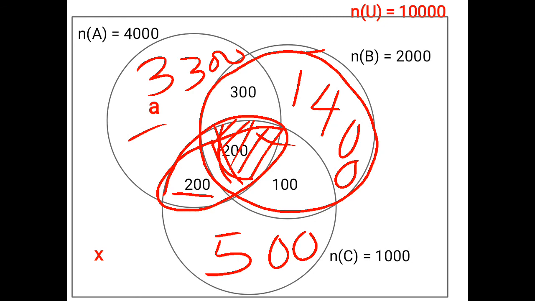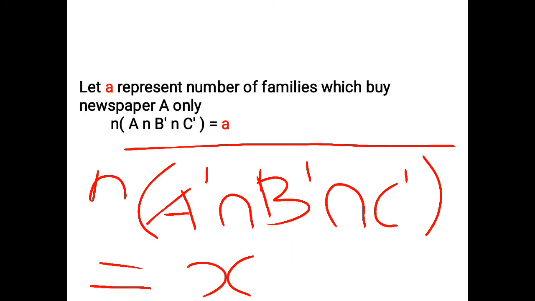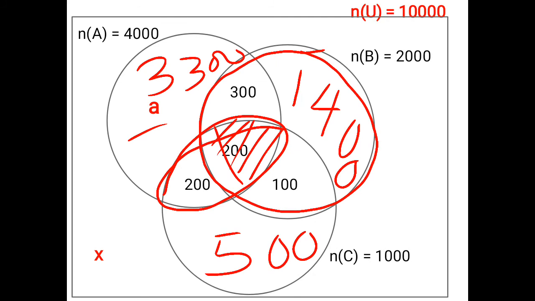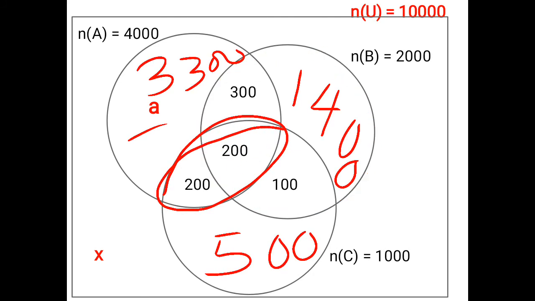So just like we said in the previous video, if you have but not, meaning we are adding only to it. So newspaper A and C but not B is the same as newspapers A and C only.